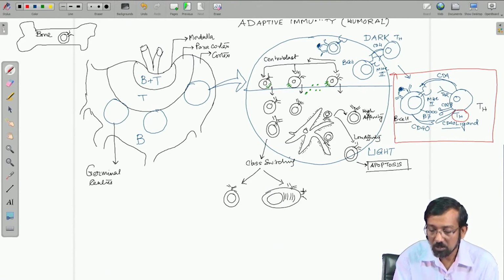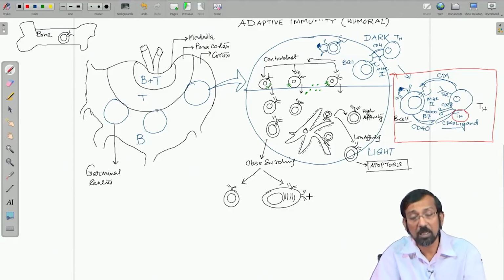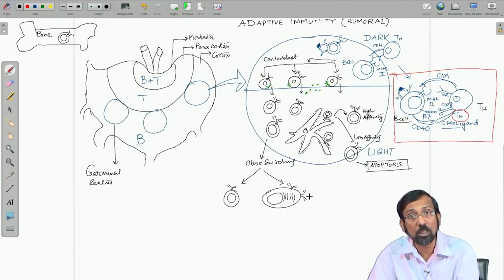So, they will start producing the antibodies. These plasma B cells are finally the effector cells. So, they will produce the antibodies. Now, these antibodies will go to the site of action, that is the site of infection or the site of inflammation, and they do their respective jobs.